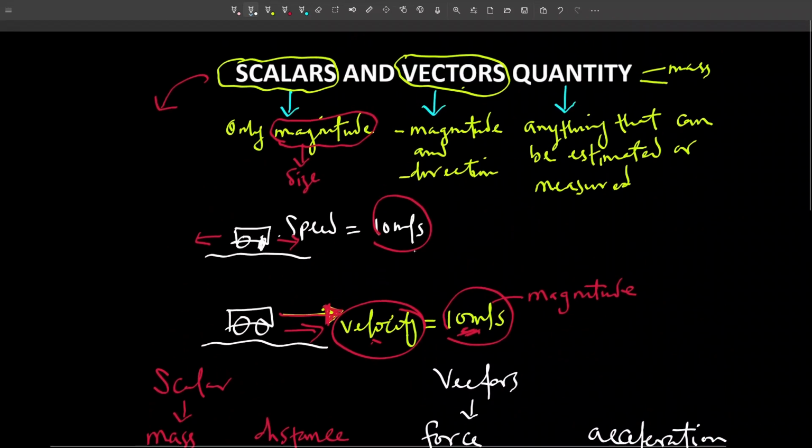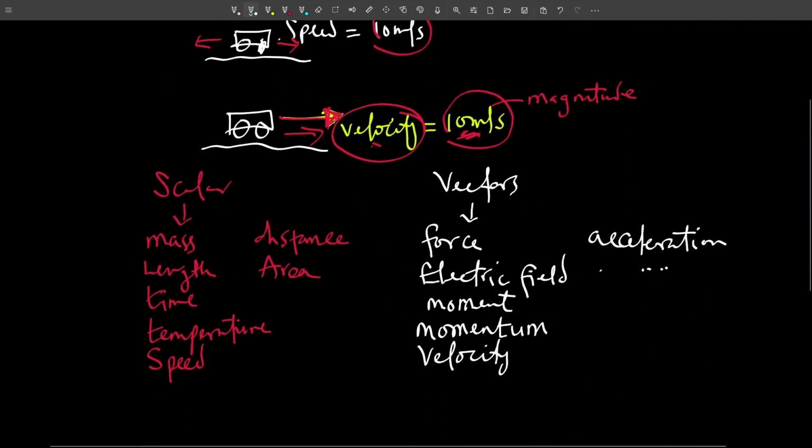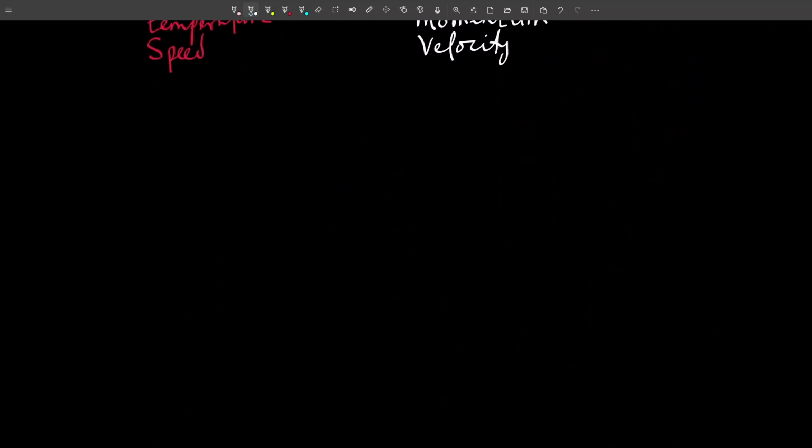To give you a little recap on what I just said, I said scalars have only magnitude. That means they have only size. My vectors have two things. They have both magnitude and also a direction. Now note that magnitude is represented using letters.